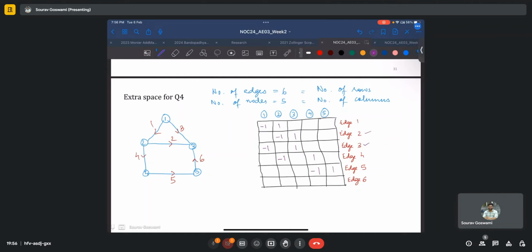Similarly, edge 6 goes from 5 to 3. The other columns will be filled with zeros. And this is our incidence matrix.